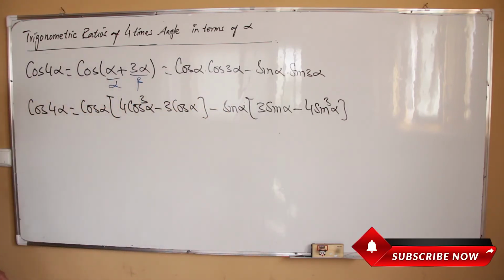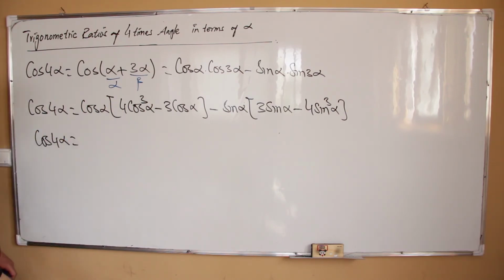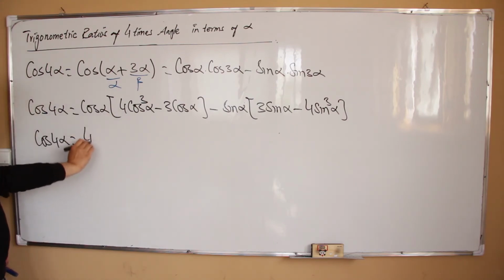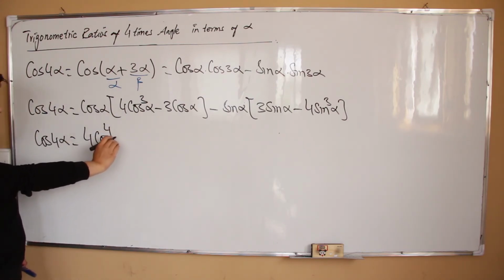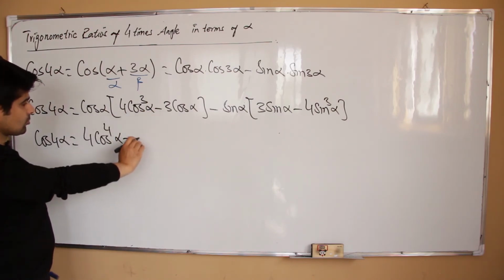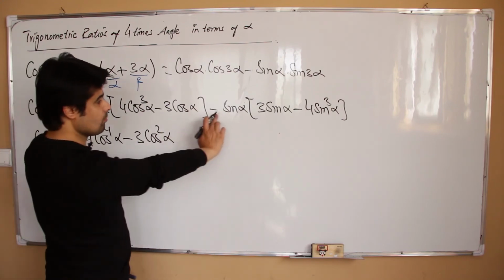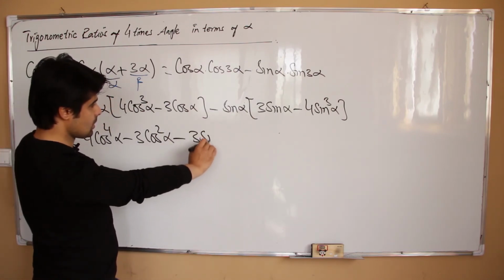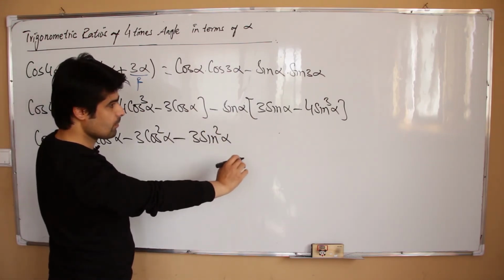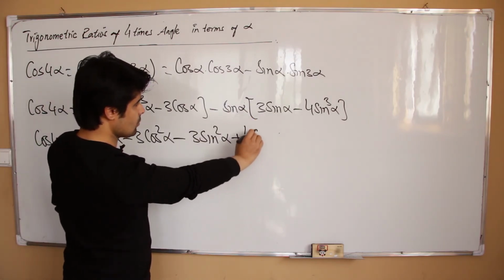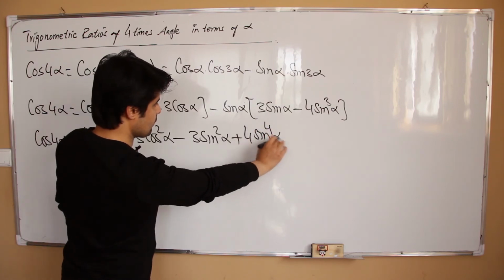Okay. Now cosine 4 alpha is, we have a multiplication in here. Cosine with this one, it's 4 cosine to the power 4 of alpha minus 3 cosine square of alpha sine square of alpha, and minus with this minus positive 4 sine to the power 4 of alpha.